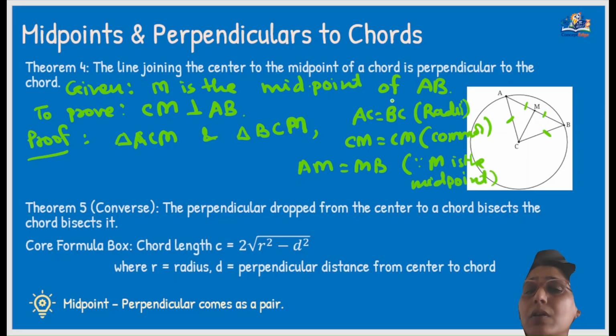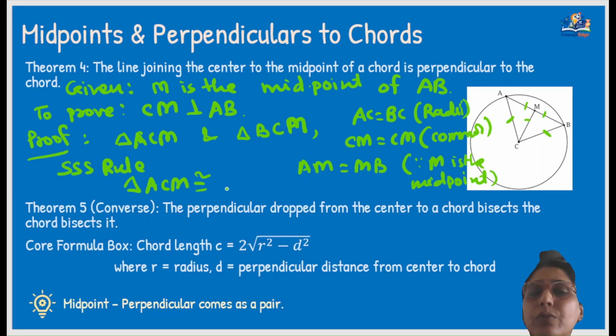So, side and side again. Using the SSS rule, these two triangles are congruent. Triangle ACM is congruent to triangle BCM.